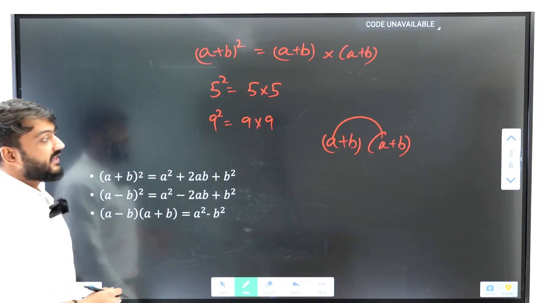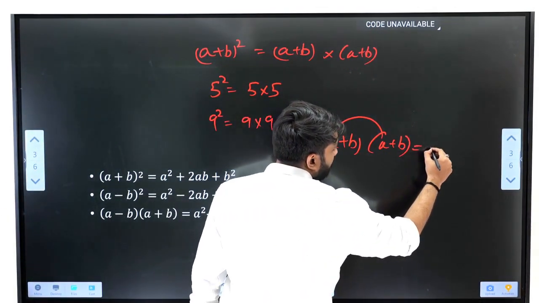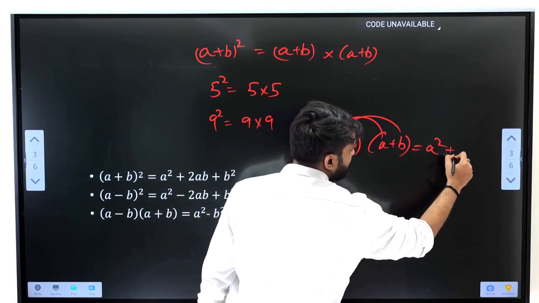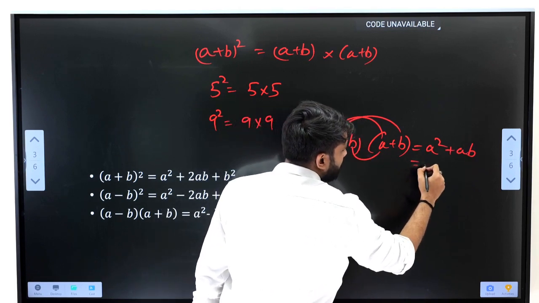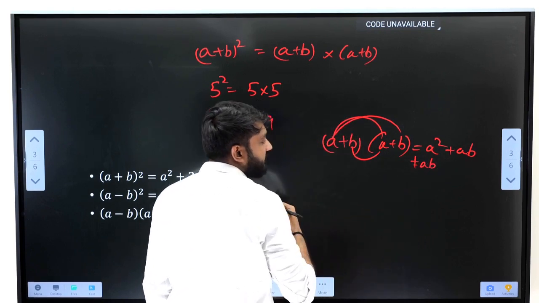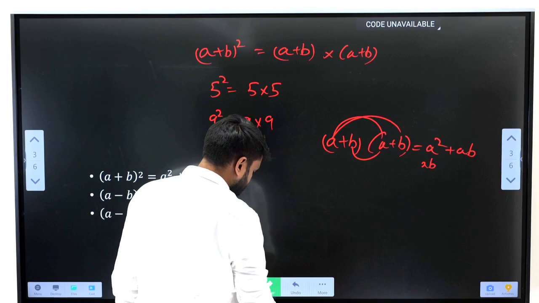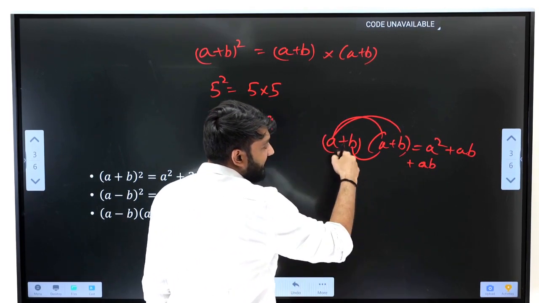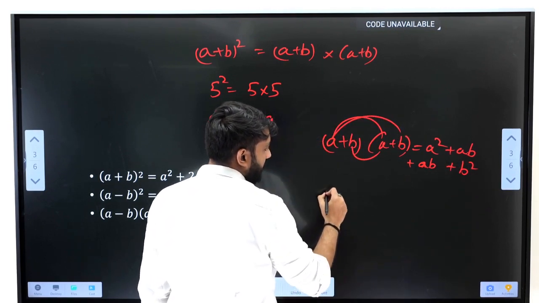That same logic needs to be applied here, which gives me a into a, which is a square, then a into b, which is ab, then b into a, which is again ba or ab, because 5 into 7 and 7 into 5 will ultimately give me the same outcome. So this can be rewritten as ab, and then b into b, which is nothing but b square.